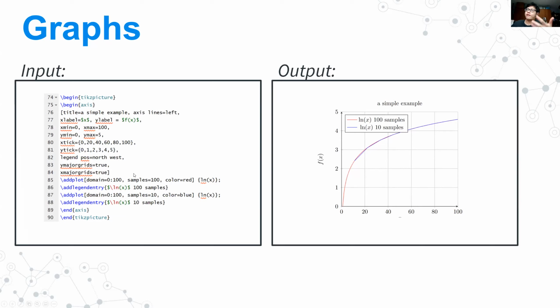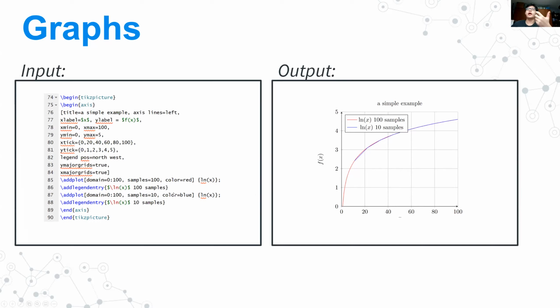Then lastly, we can finally plot our graph. So we have the command addplot. Then we specify the domain, which will be from 0 to 100. Then samples: the way LaTeX draws a graph is that it plots many points, then it connects each of the points.